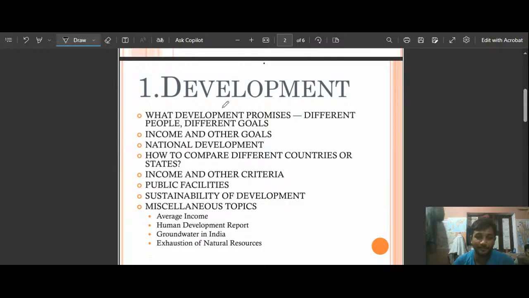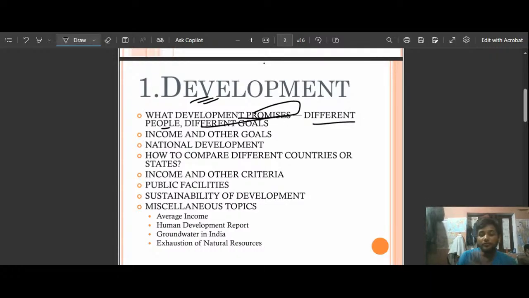First of all, the first chapter is development, and development promises different people and different goals.